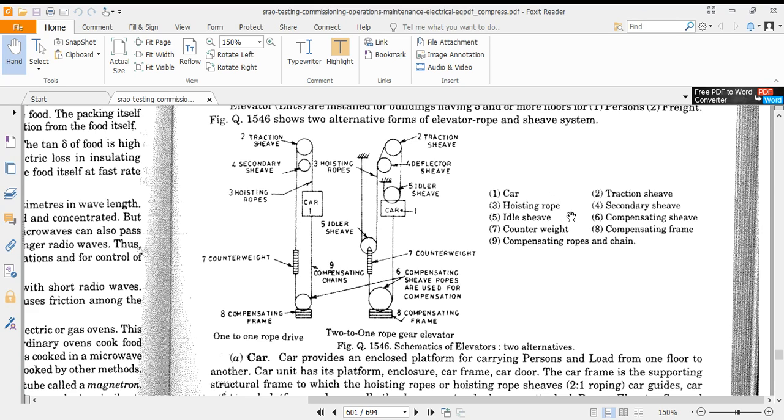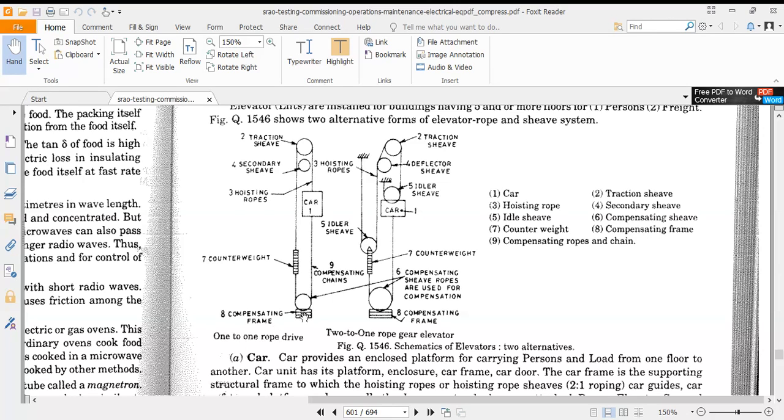Secondary sheave, fourth one, which will make the rope move smoothly. Then fifth one is the idle sheave. Sixth one, compensating sheave. Seven, counterweight.